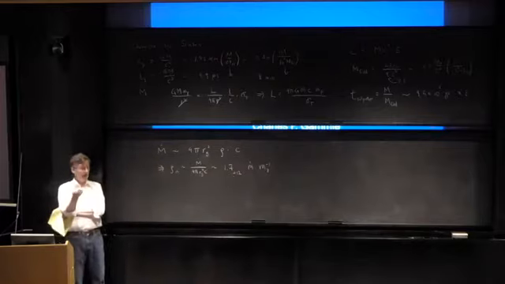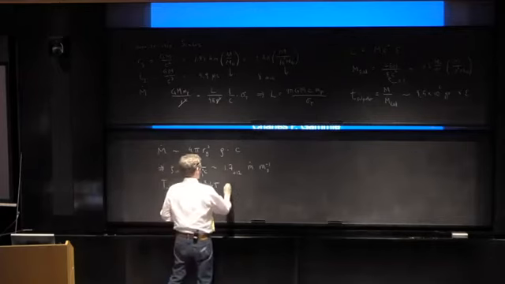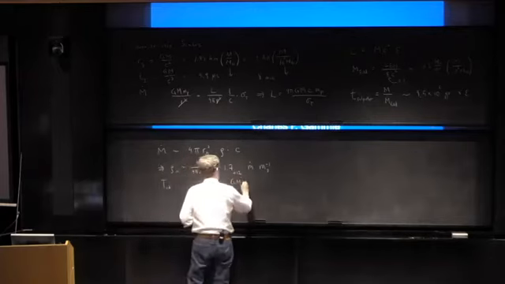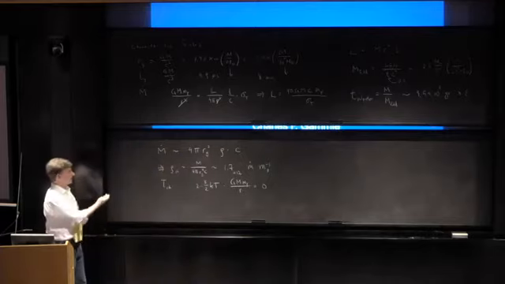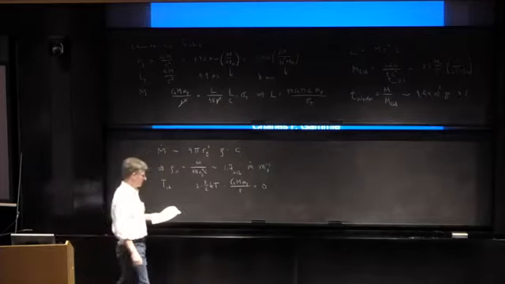So the virial temperature says 2 times the kinetic energy of a particle plus the potential energy is equal to 0.